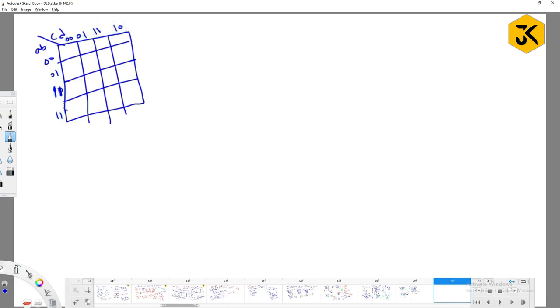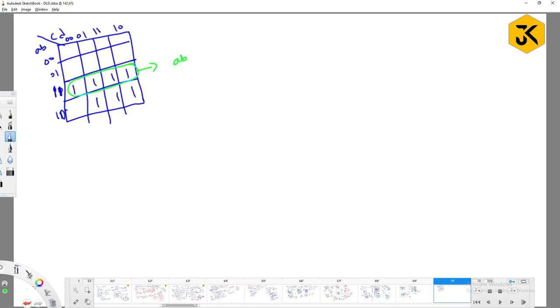So this should be 1 1 and this should be 1 0. Okay, fine. I am trying to represent the values like this. What is the expression value? First you are going to combine these 4. What is the value you are going to get?